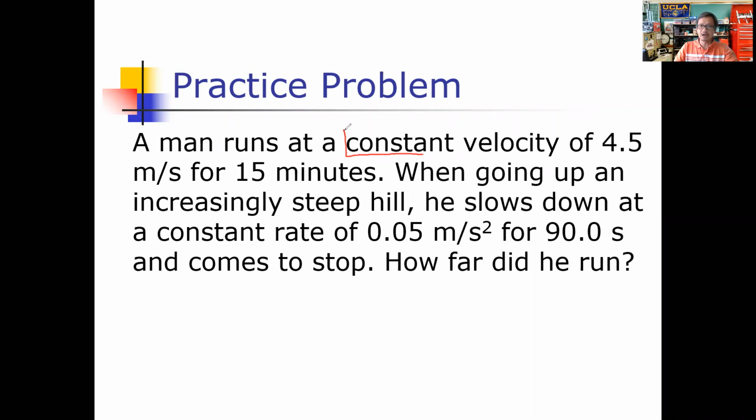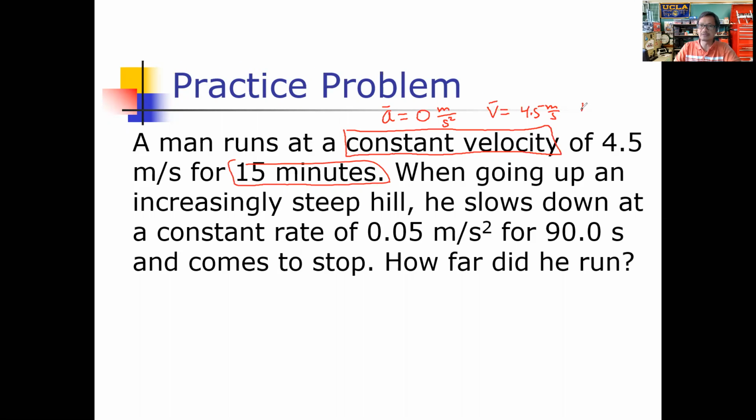Whenever you see constant velocity, that means acceleration is going to be equal to zero. This is constant zero acceleration. That's what constant velocity means. That means the velocity will not change. So in this particular moment, the velocity is going to be 4.5 meters per second, and that doesn't change. It doesn't change for this time interval here, which is 15 minutes.